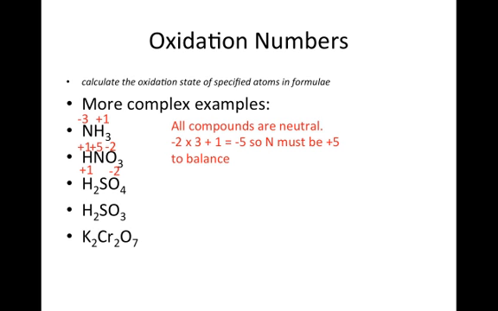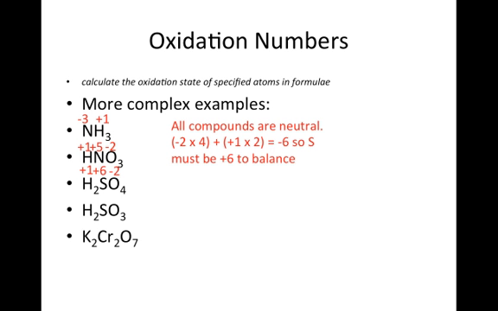There are 4 oxygens in total and 2 hydrogens, which in total adds up to 4 times 2, 8 minuses, 2 pluses, which means we need 6 pluses from somewhere to balance, which has to be from the sulfur. So we say sulfur in sulfuric acid has an oxidation number of +6.